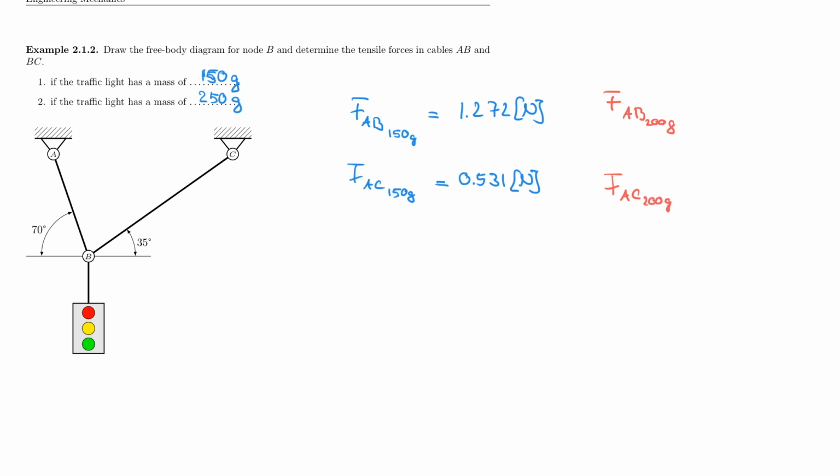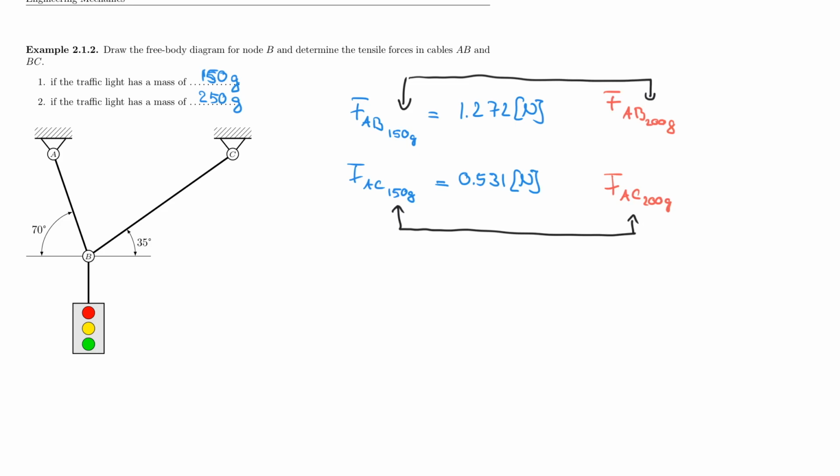And then look at the ratio between the two. So compare this one to this one, and compare this one to that one. That should give you a very important engineering tool if you really understand how those results relate to each other.